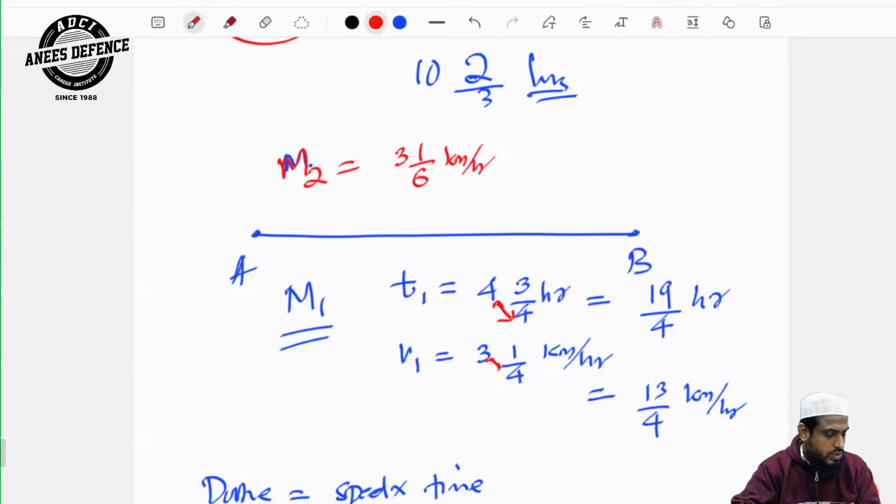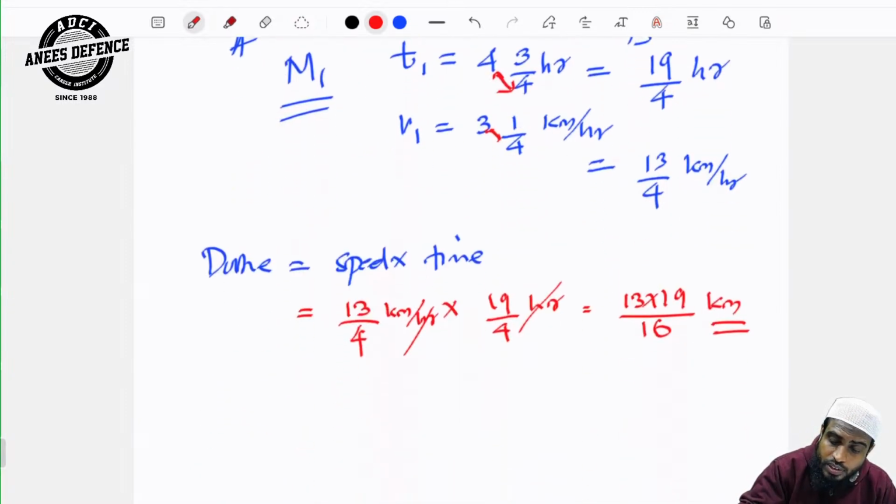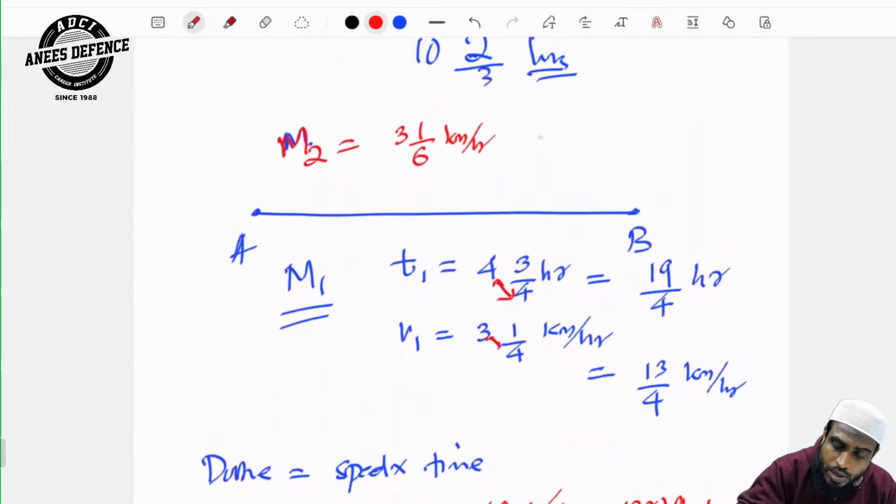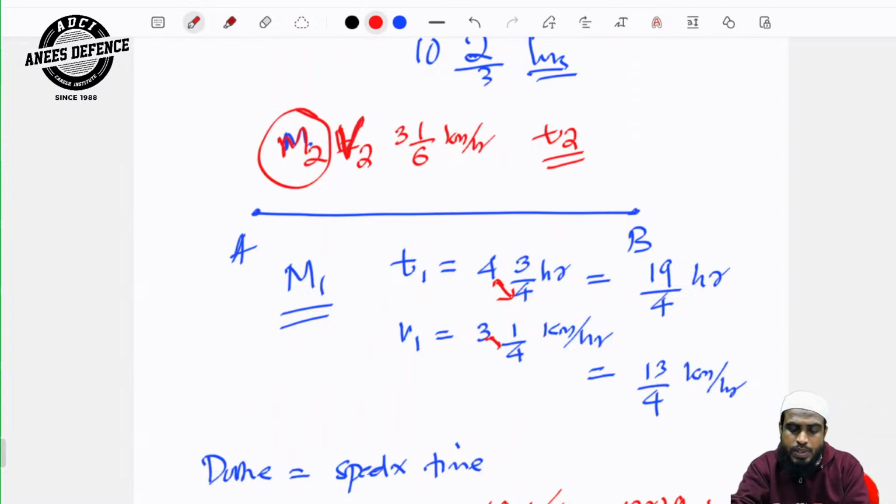But time is not given. From the first condition, we calculated the distance. So time T2 can be calculated here. For man M2, the velocity is V2 equal to 3 1 by 6 kilometer per hour.